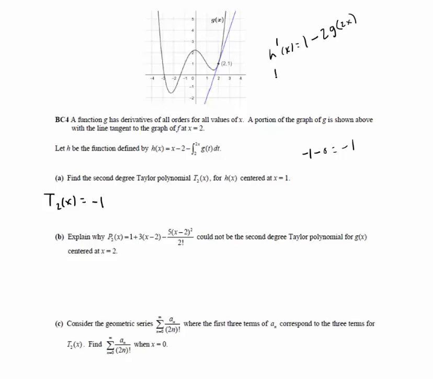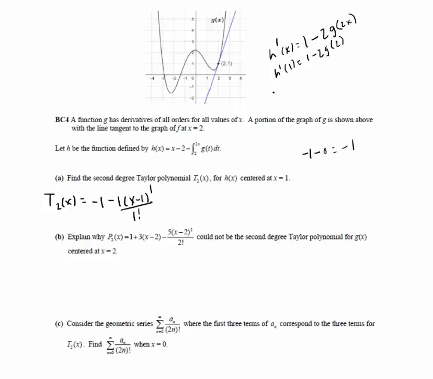All right, now I need h prime at x is 1, so that's 1 minus 2 times g at 2 times 1 is 2. Well, g at 2, this is a graph of g, so g at 2 is just 1, and 1 minus 2 times 1 is 1 minus 2, which is negative 1, so the derivative is negative 1, and then this will be x minus 1 to the first over 1 factorial, which again, you don't have to write that, but I did in this case.